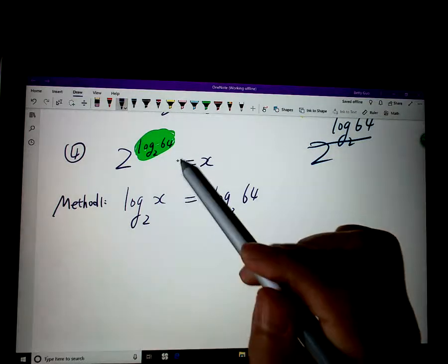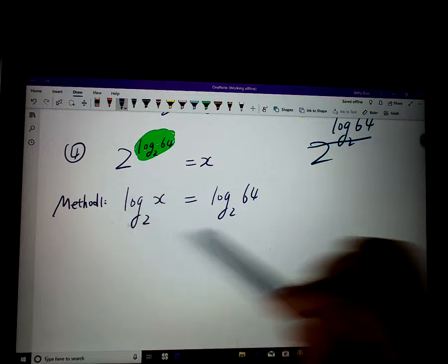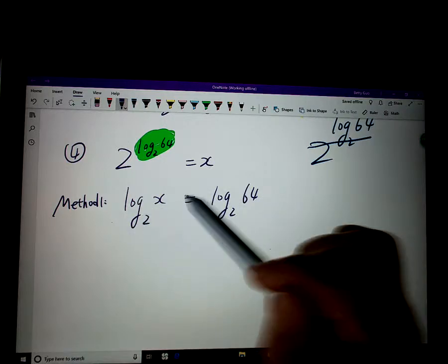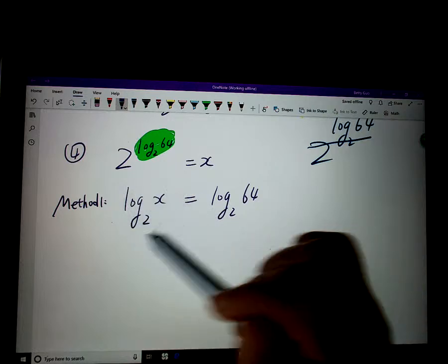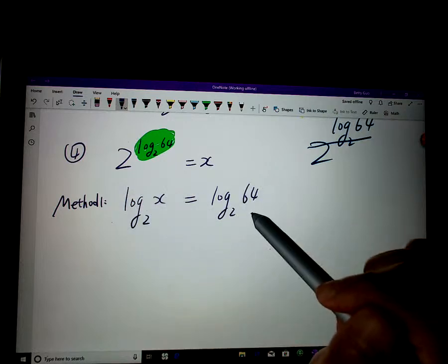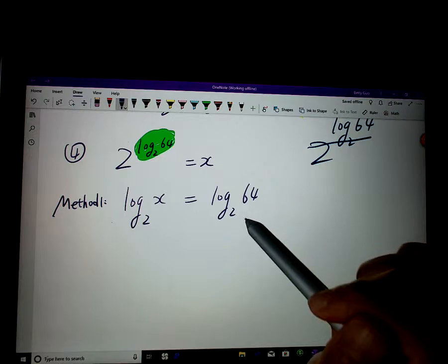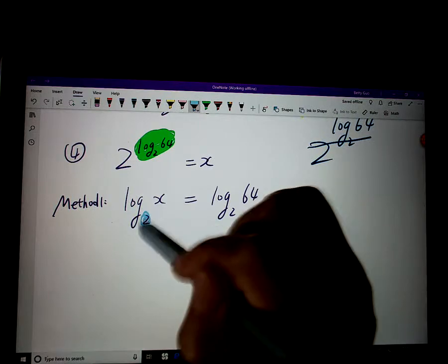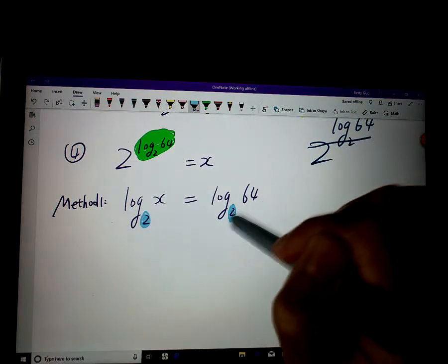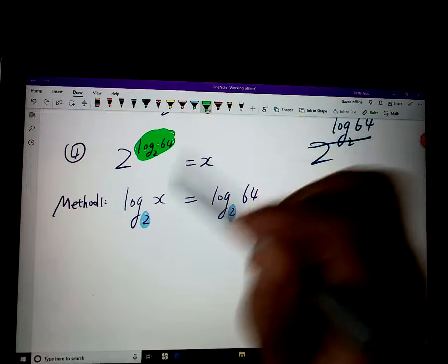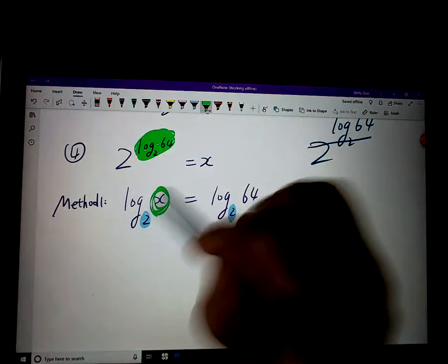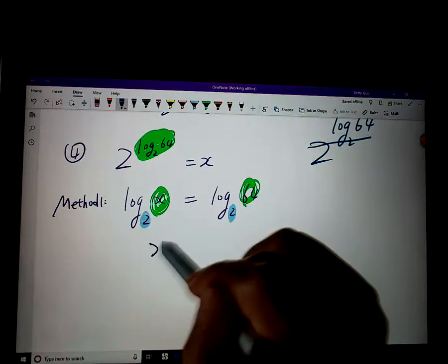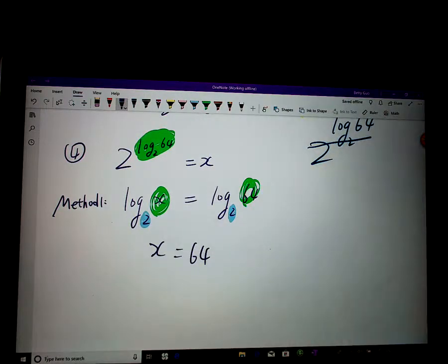After the conversion, we have an equation, a single logarithm on the left, a single logarithm on the right, and the bases are the same. Then should they have the same anti? X equals 64, right?